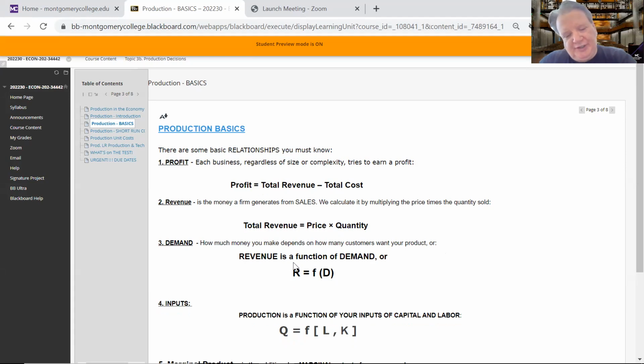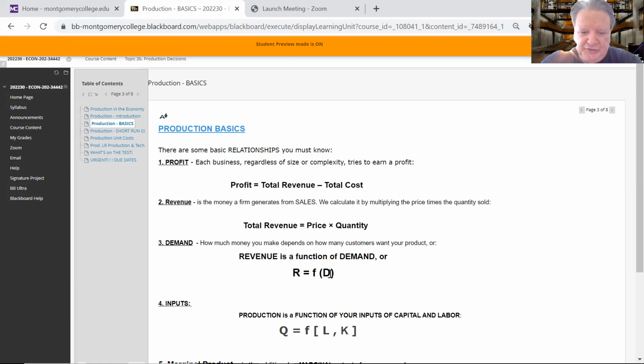So the revenue that you can make depends on how much demand there is, and that demand is going to depend on how much competition you have for that demand. So you say revenue is a function of demand. You can think of this function as a percentage, for example.